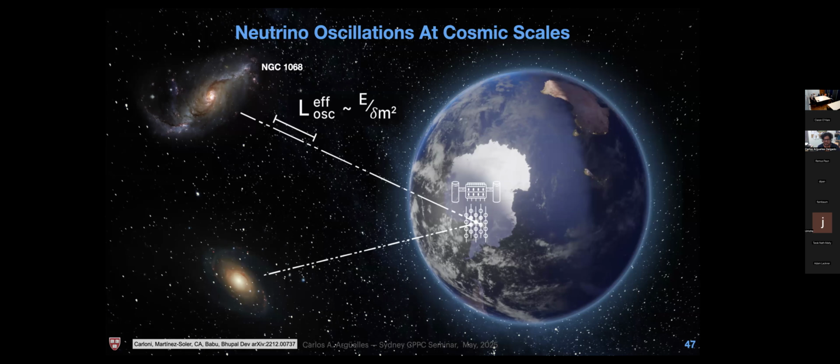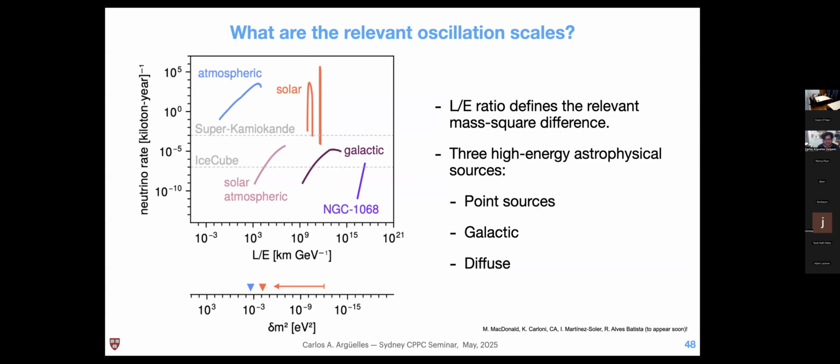And I think this is a very strong signature. I don't think there's any reason why objects that produce neutrinos with different mechanisms, at different distances, but that you combine in such a way that the ratio of lengths to energies is preserved, will have the disappearance of neutrinos in a correlated way. So this is a very powerful signature as long as you have enough sources. I'm going to talk about this in a minute.